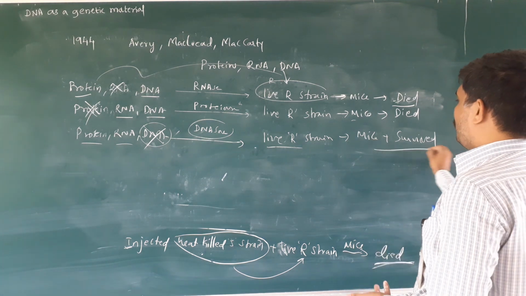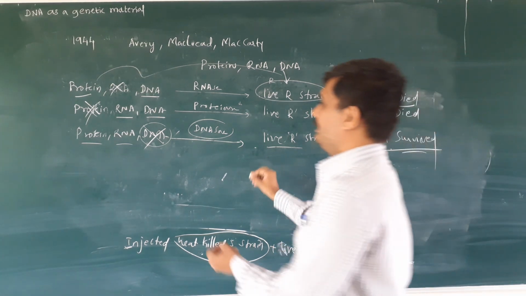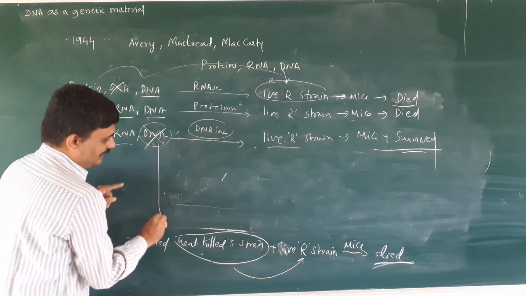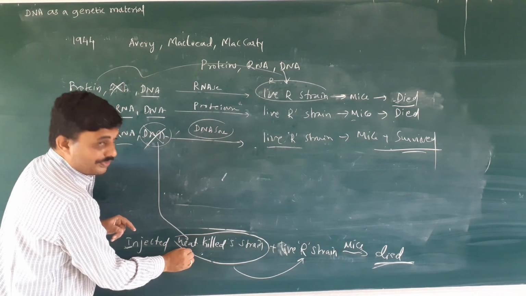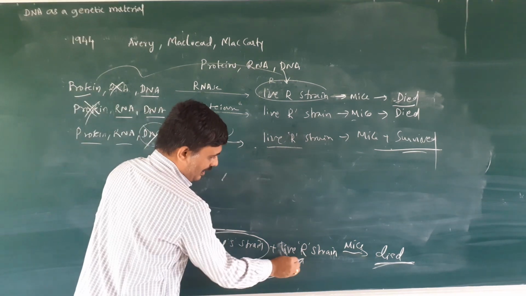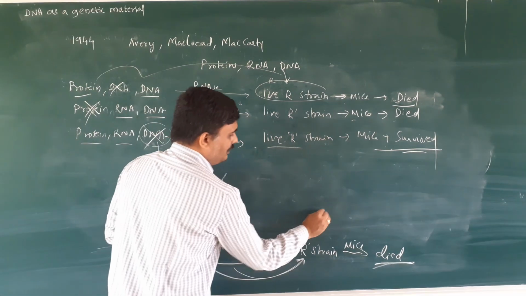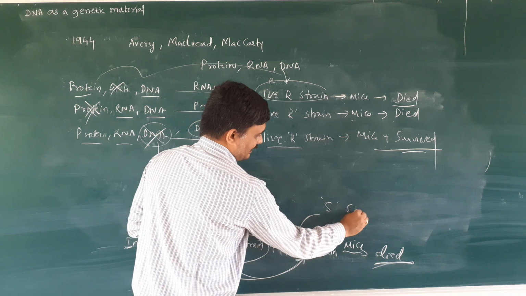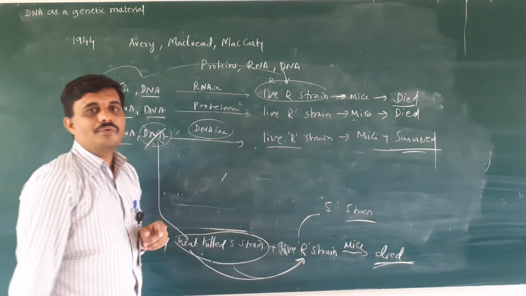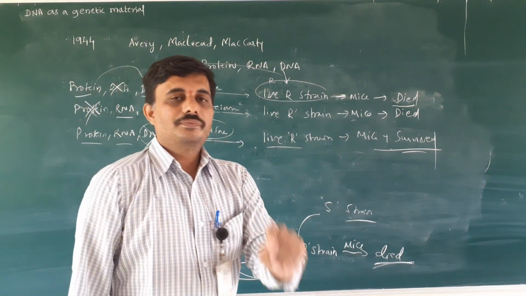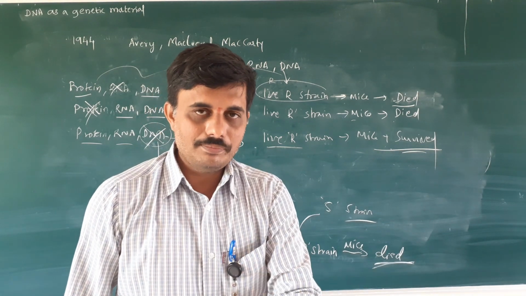The mice survived. It indicates that DNA is the material transferred from the heat-killed strain to the live R strain, converting it into a virulent strain. And the virulent live strain was found in the blood of the dead mice.